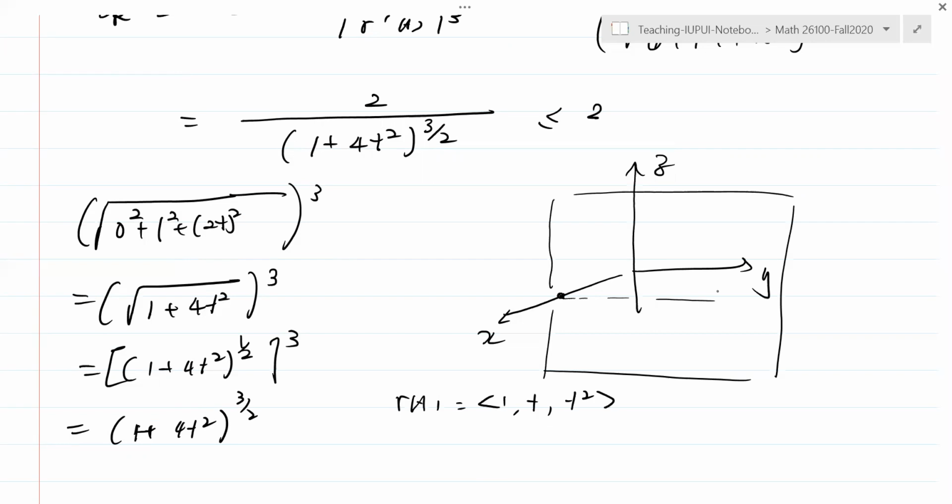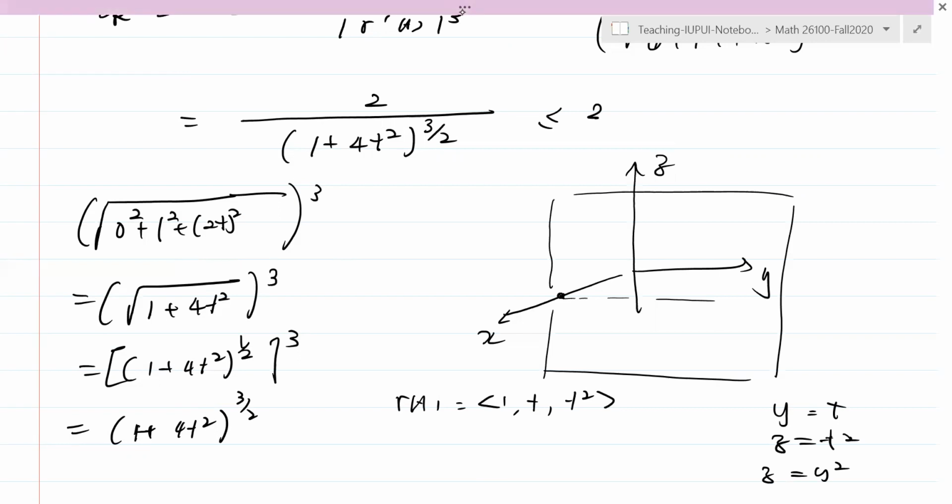Then y is t and z is t squared, so the relationship between z and y is z equals y squared. So this is a parabola on the plane perpendicular to the x-axis.